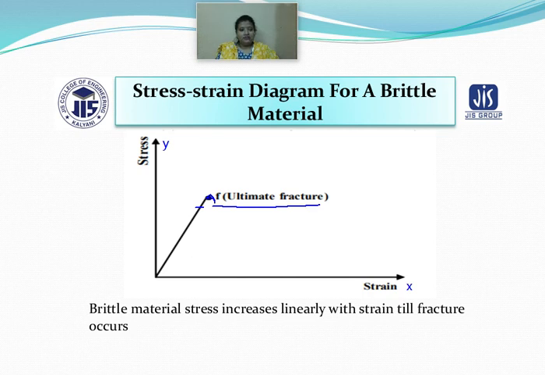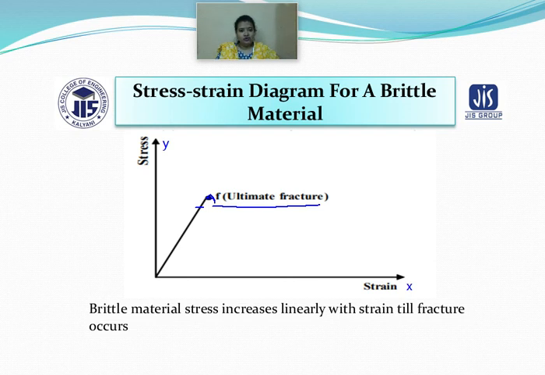Okay. After the proportional limit, it directly goes to ultimate fracture, because for brittle material when you apply the load, fracture occurs, and the percentage of elongation is always less than 5%. If the percentage of elongation is less than 5%, then brittle fracture is already occurring in that particular material.